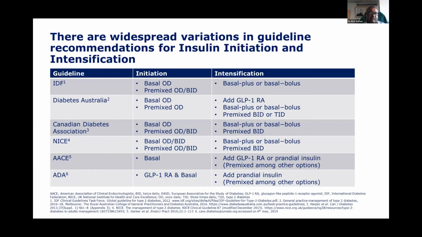If you look at the ASC guideline, you can start with the basal and during intensification, you add GLP-1 receptor agonist or prandial insulin or premix among other options. ADA guideline says you can start with GLP-1 receptor agonist or basal and add prandial insulin during intensification.